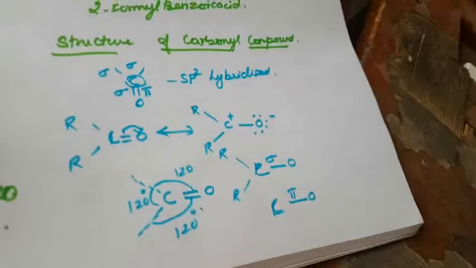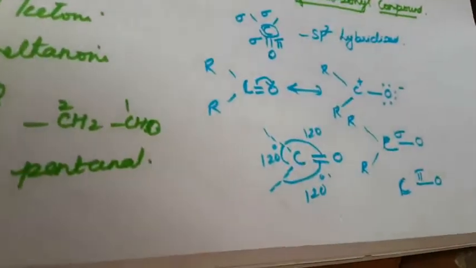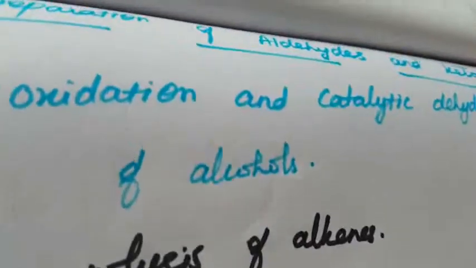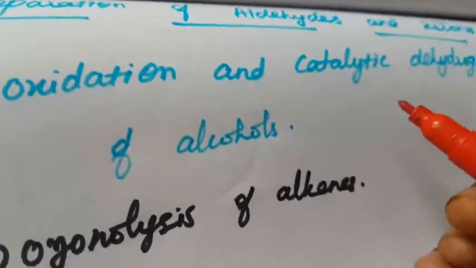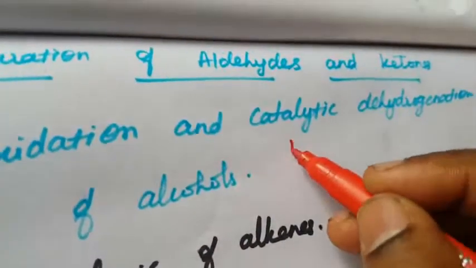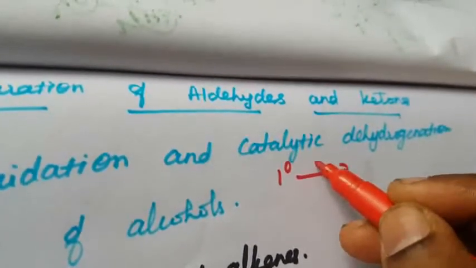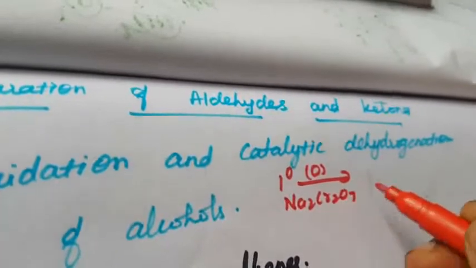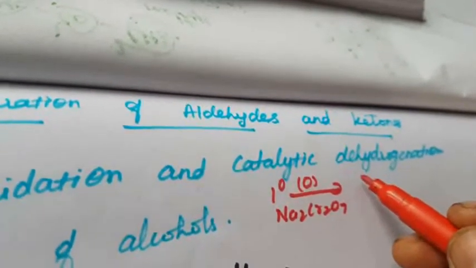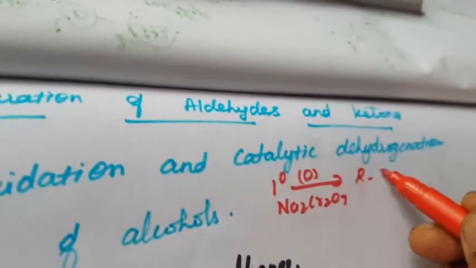Next one is, what are the methods of preparation of aldehydes and ketones? First one is oxidation or catalytic dehydrogenation of alcohol. We already studied this in the previous lesson. Primary alcohol on oxidation in the presence of Na2Cr2O7 gives aldehyde, that is RCHO.